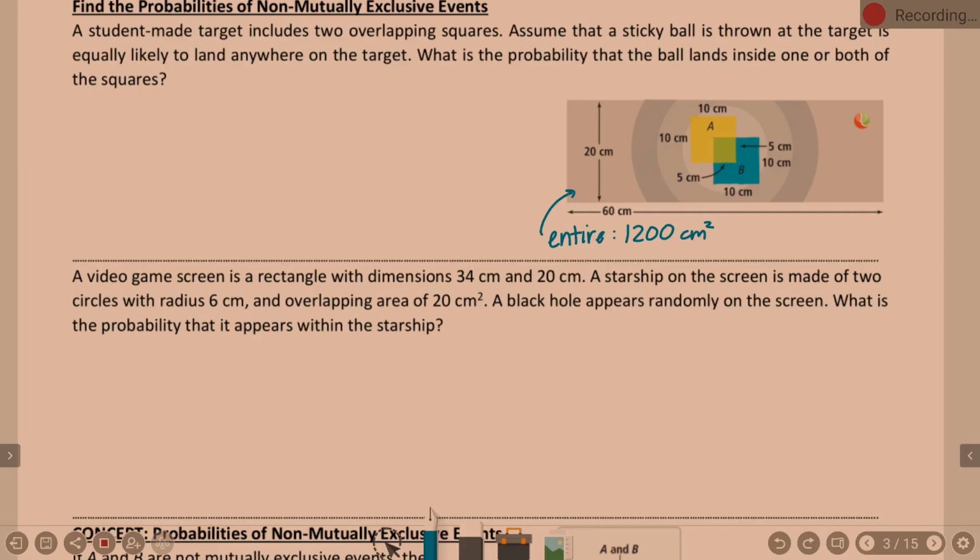Let's talk about square A. What do you know about square A? It's 10 by 10. So square A has an area of 100 square centimeters. What about square B? Square B, the blue square on mine, is also 10 by 10, so it is also 100 square centimeters.